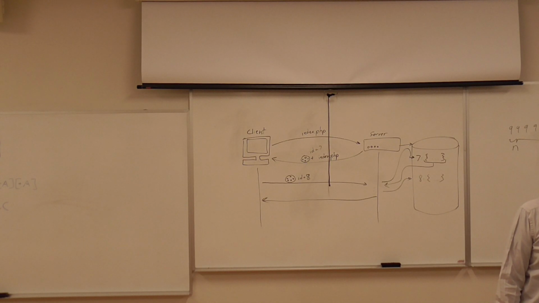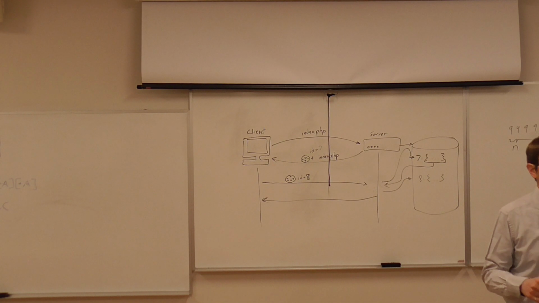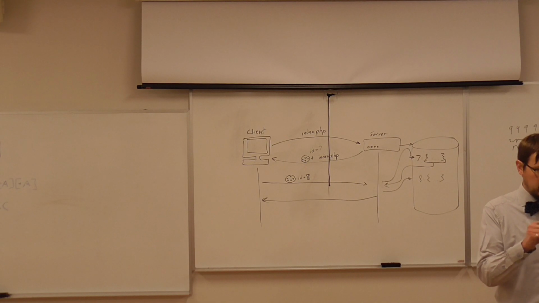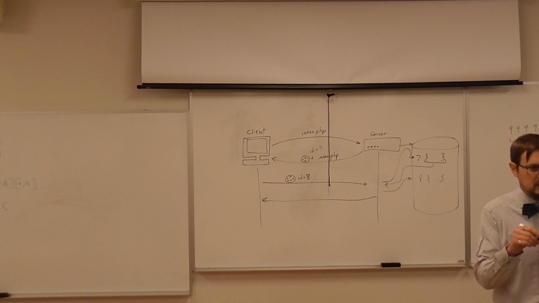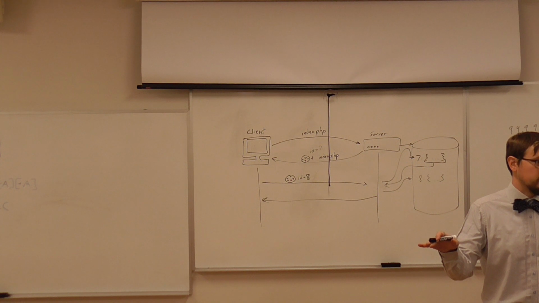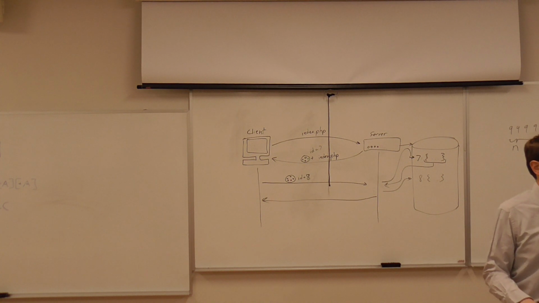So, the brute force algorithm for trying to crack someone's password is, well, let's try A, no, okay, AA, no, AB, okay, AC.